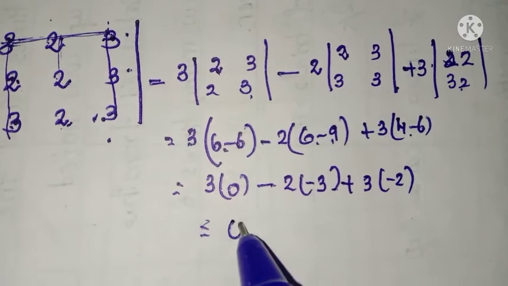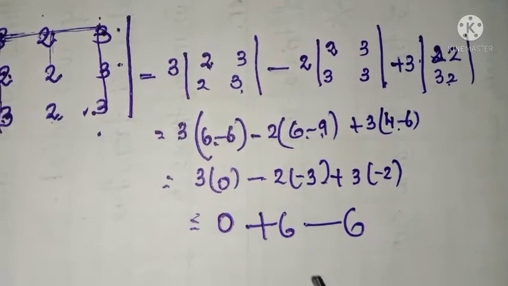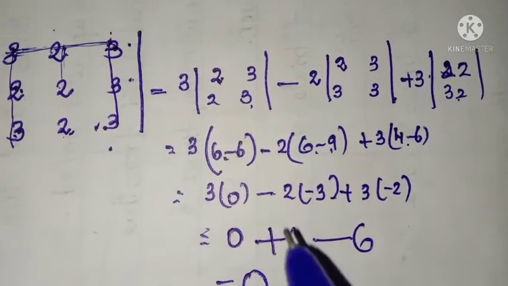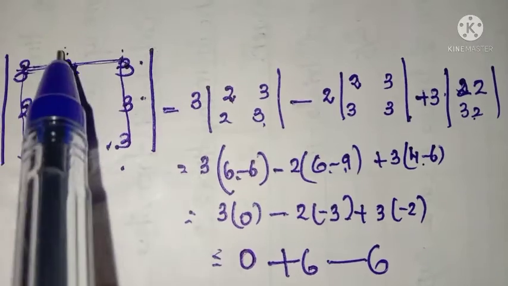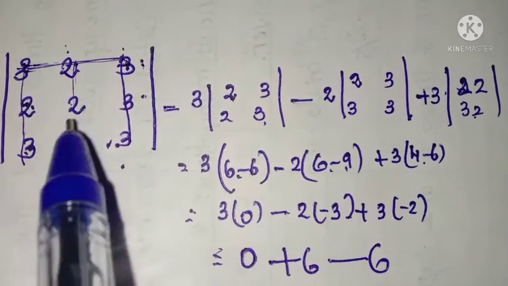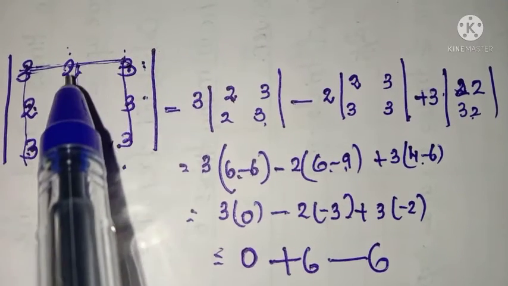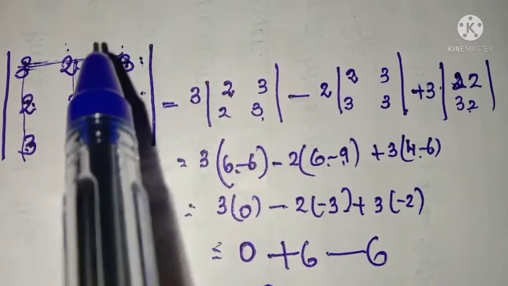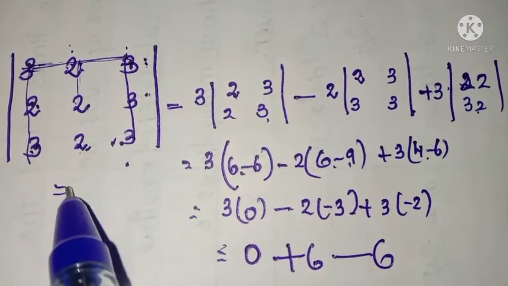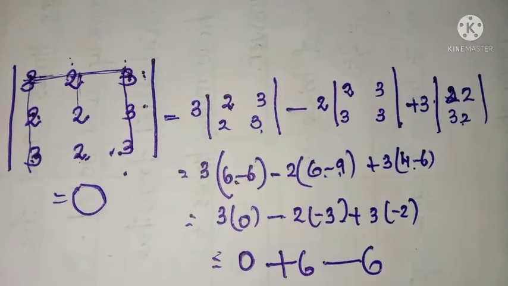So this is 0 plus 6 minus 6. 6 minus 6 gives 0. So the determinant is equal to 0. So if any two rows or columns of a determinant are identical, meaning all the elements are the same, then the value of the determinant is equal to 0. So that is our property number 3.